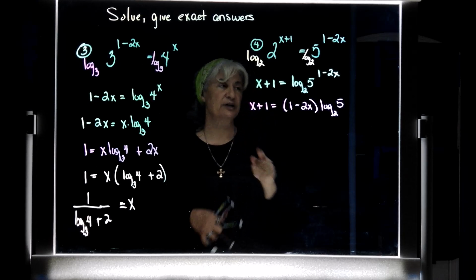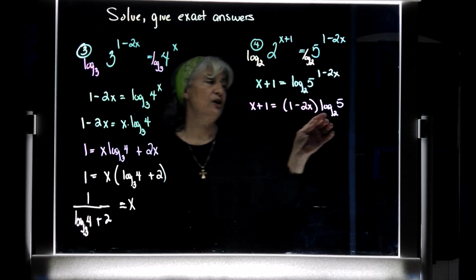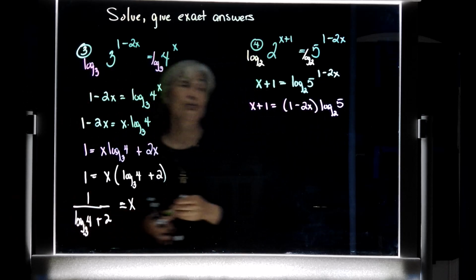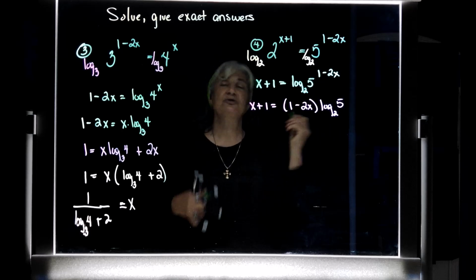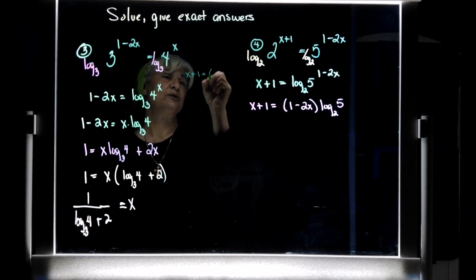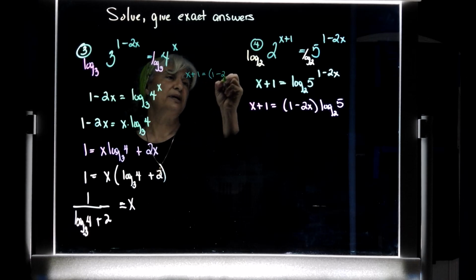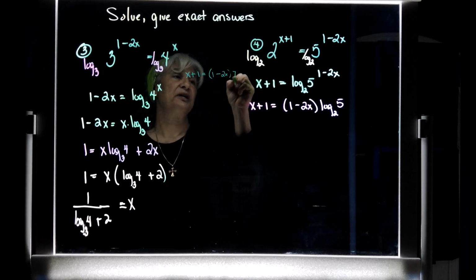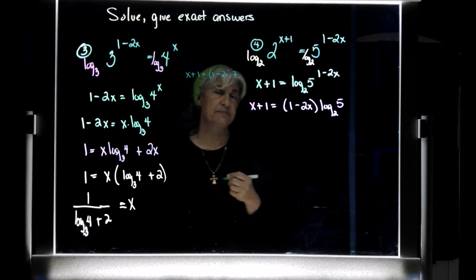Okay, let's stay focused. Forget this parenthesis. What's log base 2 of 5 represent? You're right, it represents just a number. So how about I give us x plus 1 equals, in parentheses, 1 minus 2x times 7? Okay, I don't think it really mattered, right?